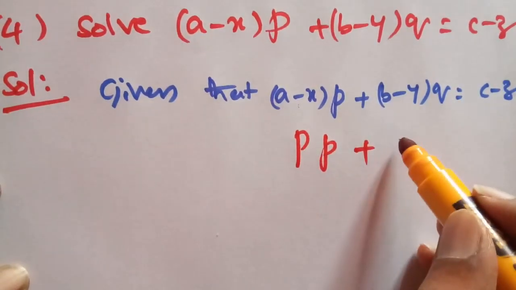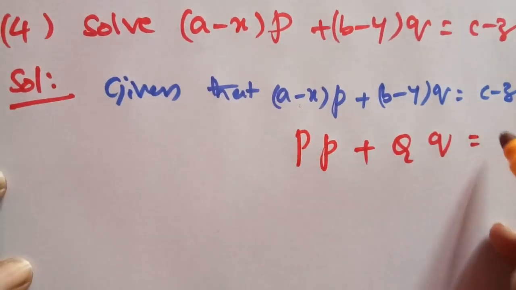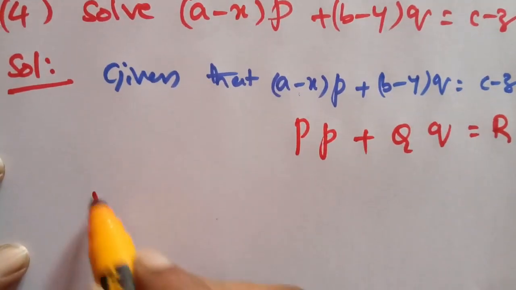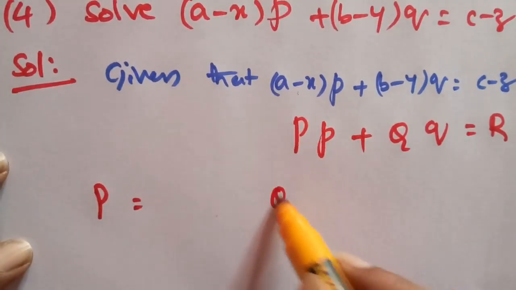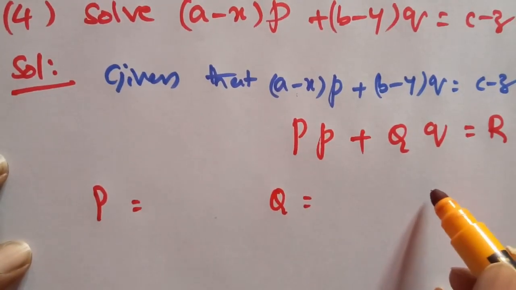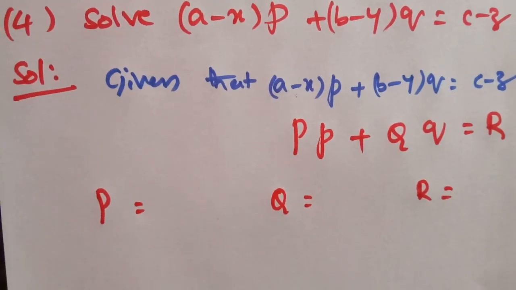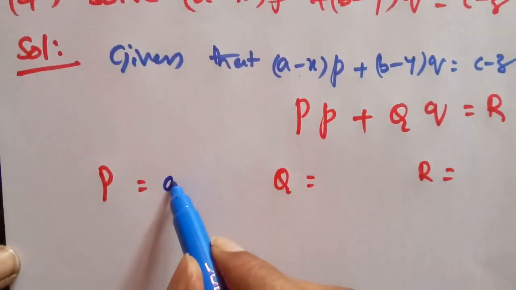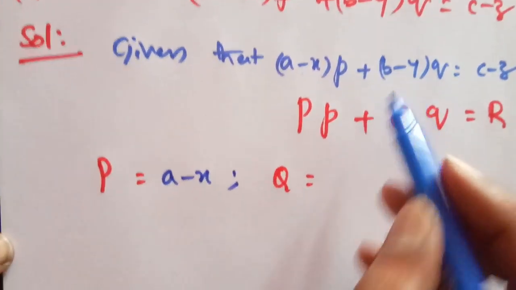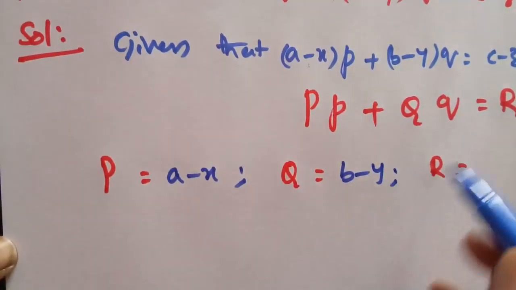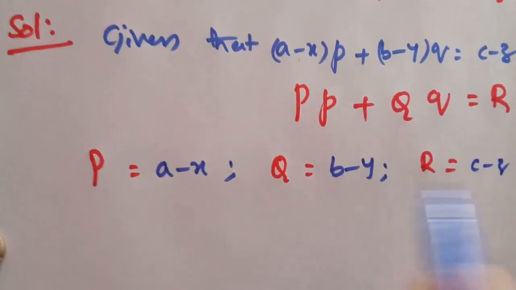capital P small p plus capital Q small q is equal to capital R. Here P is a minus x, Q is b minus y, R is c minus z.